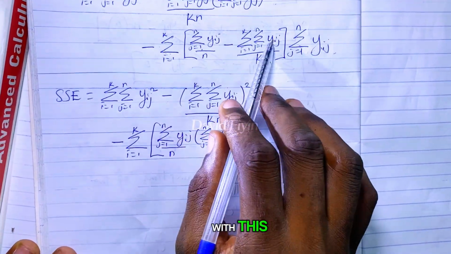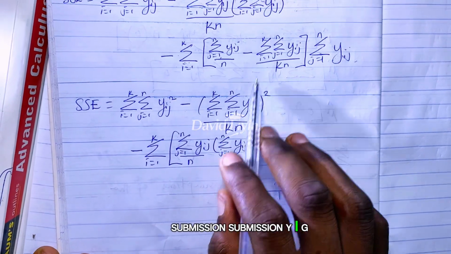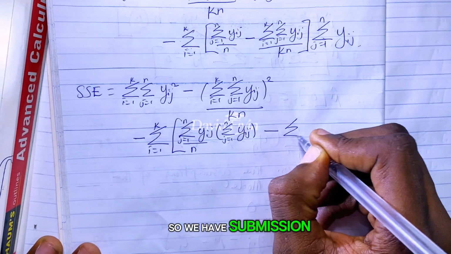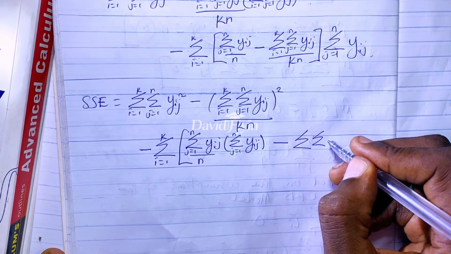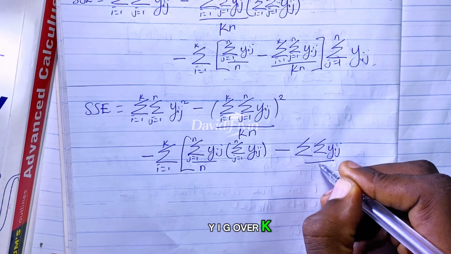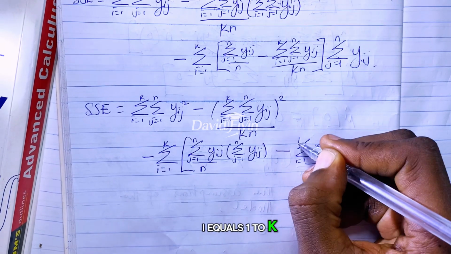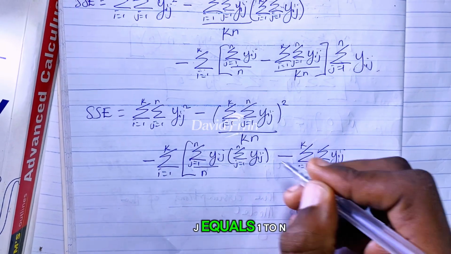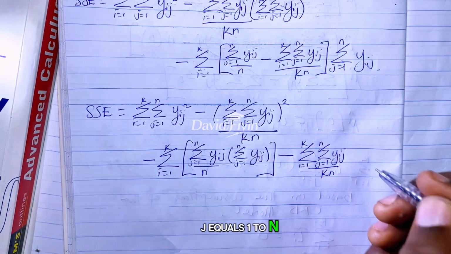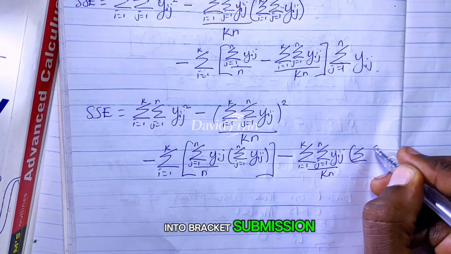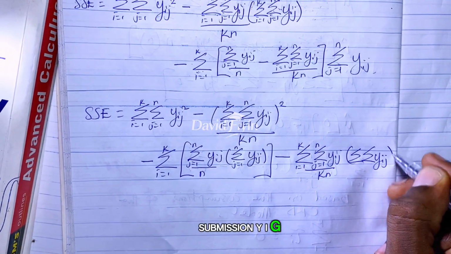And if we multiply it with this, it's going to give something like this, summation y_ij squared. So we have summation y_ij over kn, i equals 1 to k, j equals 1 to n, into brackets summation y_ij.